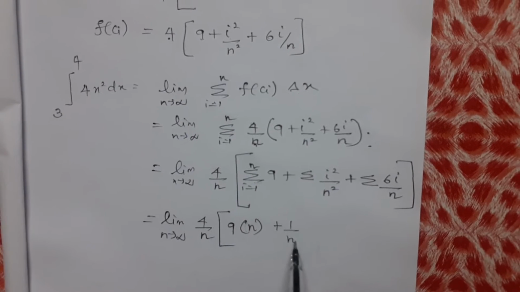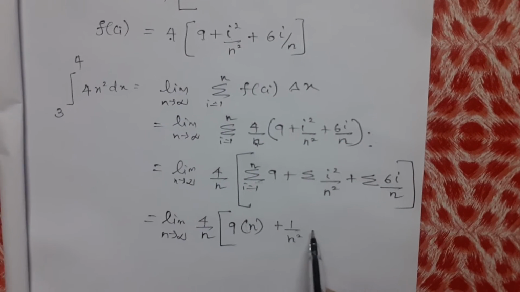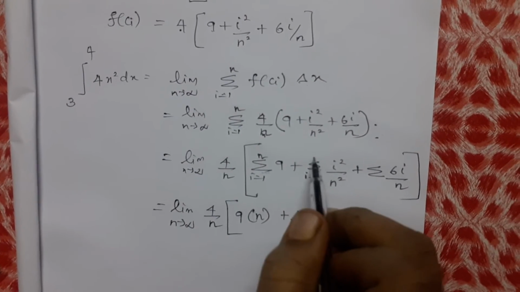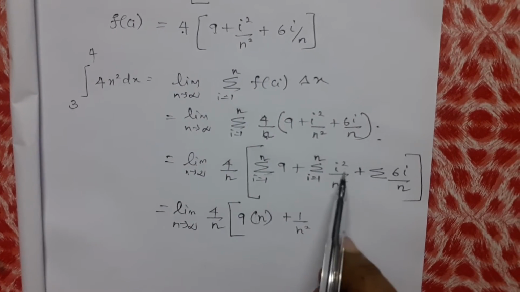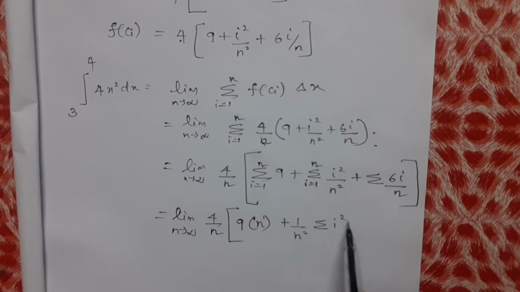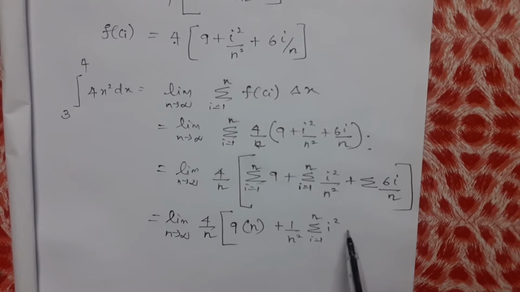Plus i square by n square. n square you can take outside, summation i square. We all know summation i square, i varies from 1 to n, is the sum of squares of n natural numbers: 1 square plus 2 square plus 3 square up to n square.